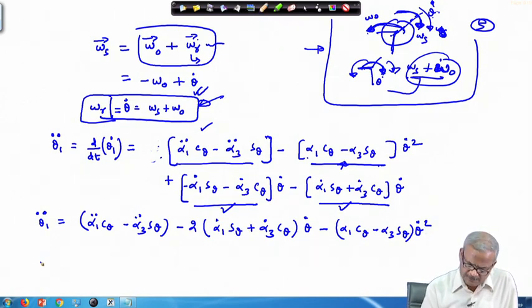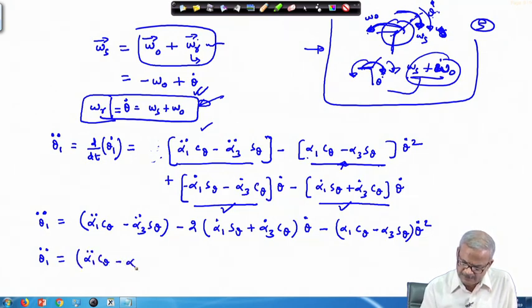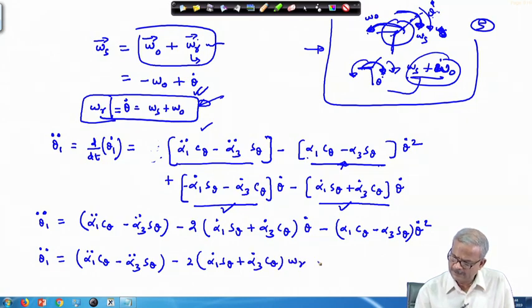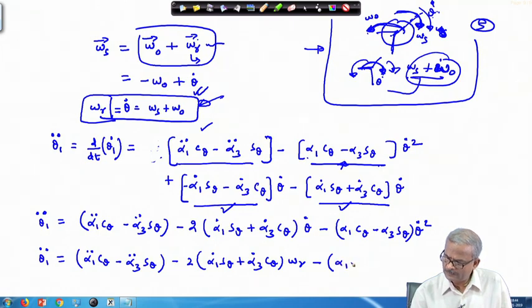Okay, so, instead of writing it like this, we write here as alpha 1 double dot c theta minus alpha 3 double dot s theta minus 2 alpha 3 dot c theta times omega r minus alpha 1 c theta minus alpha 3 s theta times omega r square.